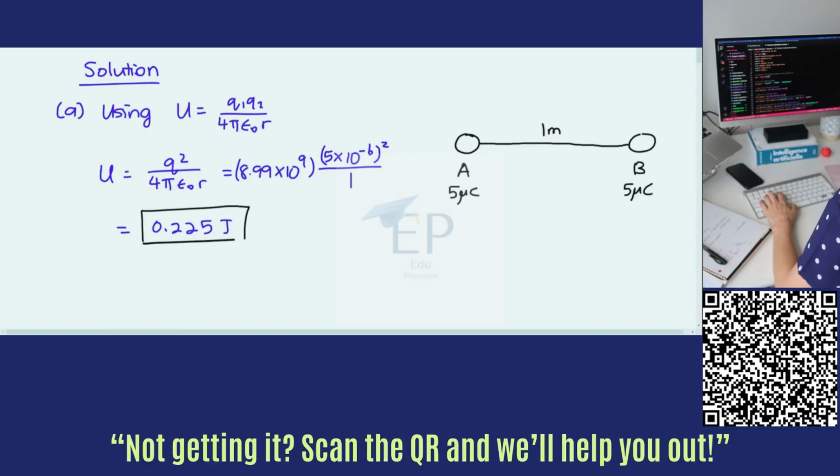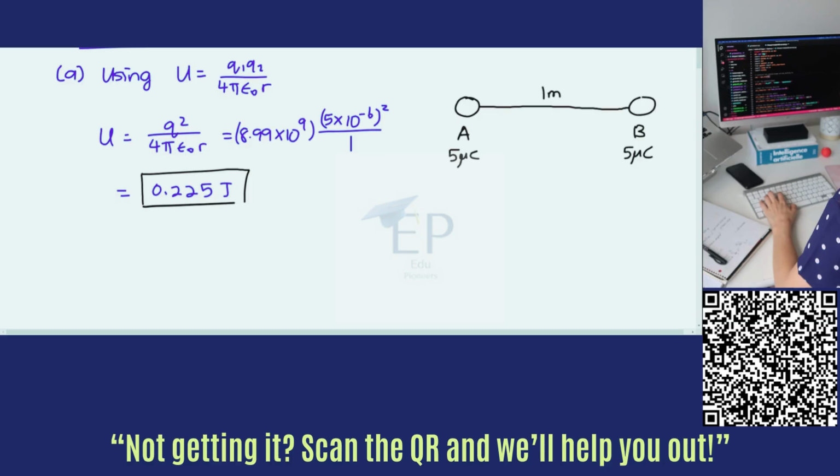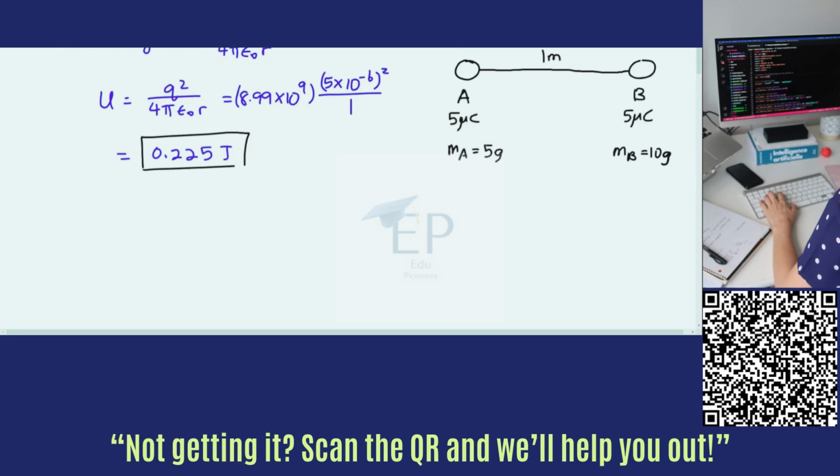So this is the answer for part A. Then in part B, when we cut the string, we want to find the acceleration of each sphere. Just to note that the mass of A is 5 grams, and the mass of B is 10 grams. To do part B, we'll be using Coulomb's law to find the electrostatic force.